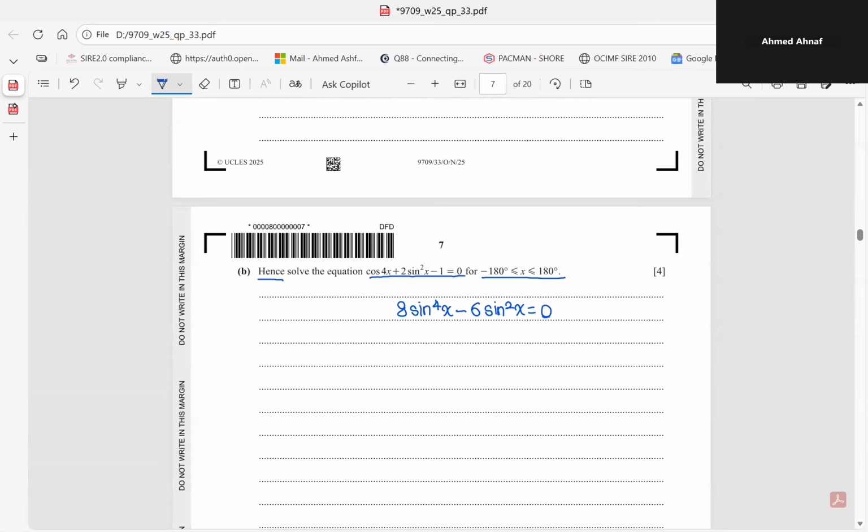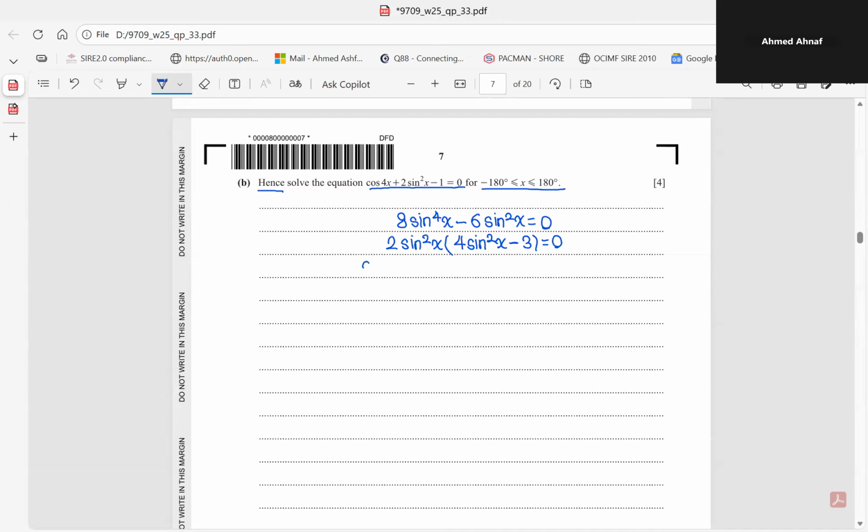Okay, and then we can factor out 2 and sine squared since both of the coefficients are even. So 2 sine squared x we can factor out, and you would get 4 sine squared x minus 3 equals 0. And then you would have 2 sine squared x equals 0, and ultimately you would end up with sine x equals 0.